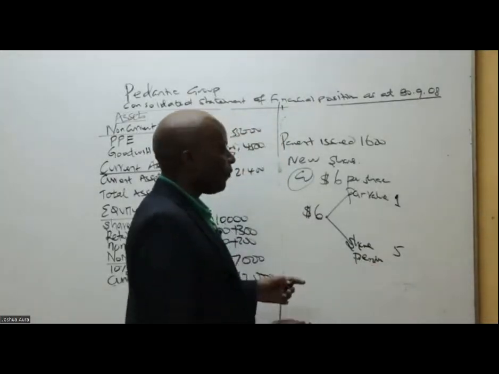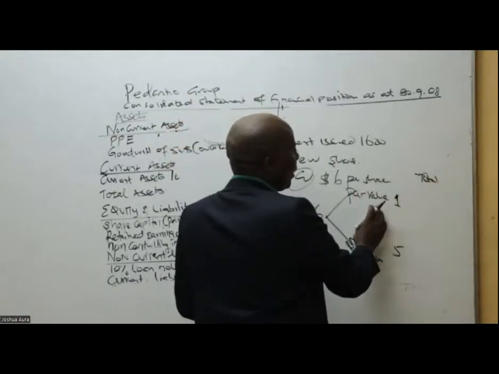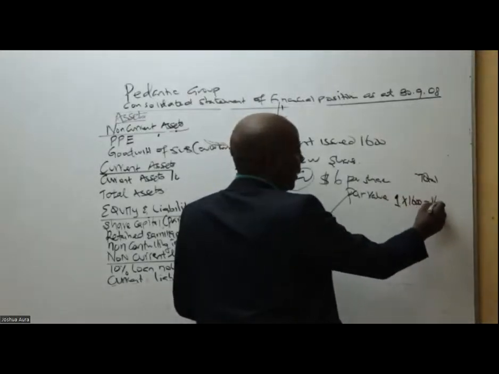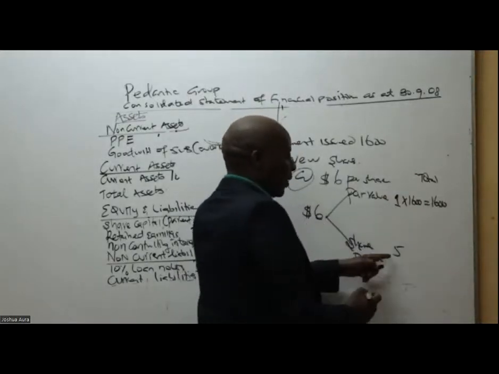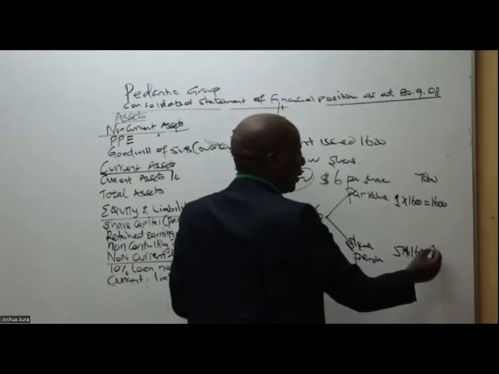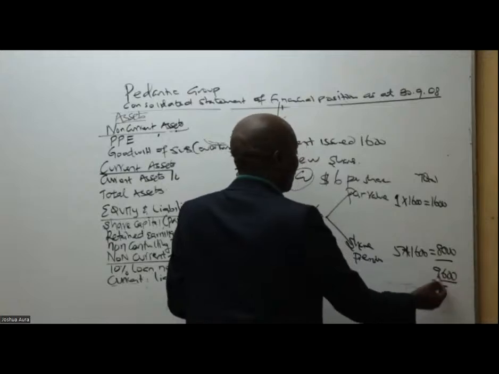Now give me totals here. The par value is 1, so for 1,600 shares it will be 1,600. Premium of 5 per share times 1,600 will be 8,000, for us to get 9,600, this figure.